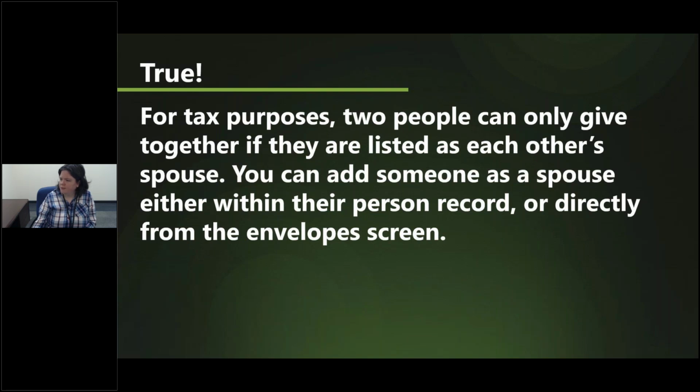All right then. Okay, we got a bit of a split here. The answer is true. Just for tax purposes, since we are generating a contribution statement to show your tax deductions, they would have to be listed as each other's spouse. You could add that either on their person record and mark them as married, or you can do that from the envelope screen.